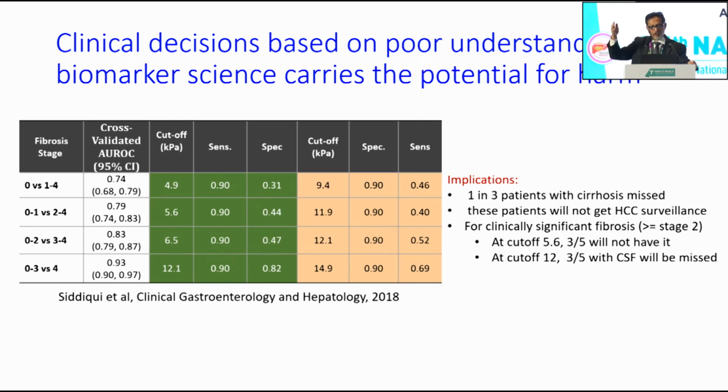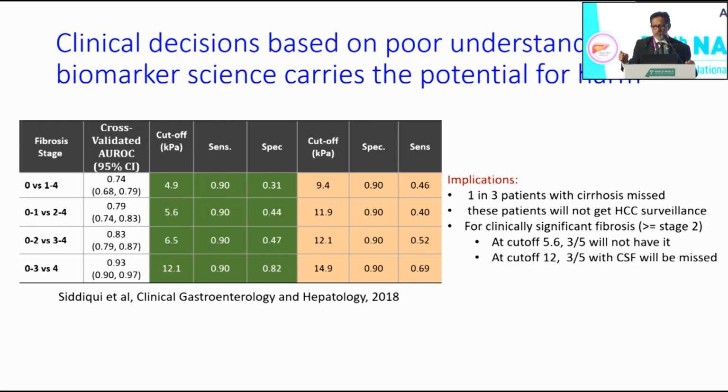For the rule-in, we again looked at the cutoff and then held the specificity at 90% and looked at what the sensitivity would be. This is a very important and a common practice when you're validating biomarkers. So if you look at this data, what you will see is that 1 out of 3 patients with cirrhosis will be missed.